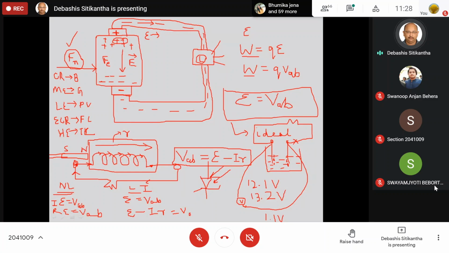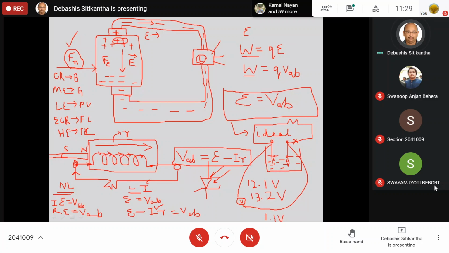Because when there is a load connected, a current I is going to flow. When it is not loaded, I is equal to 0. So in that case, even for a practical EMF source, E is equal to VAB. This is the main difference between an ideal EMF source and a practical EMF source.